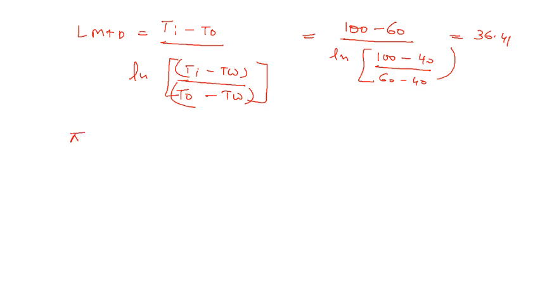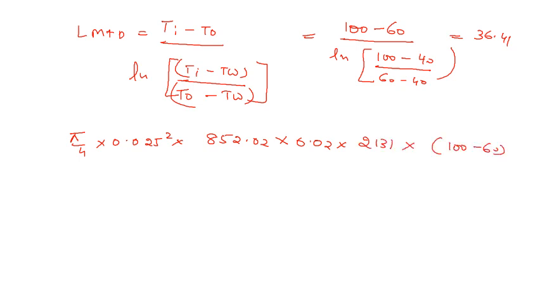Substituting that LMTD value in our earlier heat balancing equation, we can write pi by 4 into 0.025 square into 852.02 into 0.02 into 2131 into 100 minus 60 should be equal to the other side: mean heat transfer coefficient into area, that is pi into 0.025 into L, L being unknown which we are supposed to find out, into our LMTD temperature, that is 36.41 degrees centigrade.